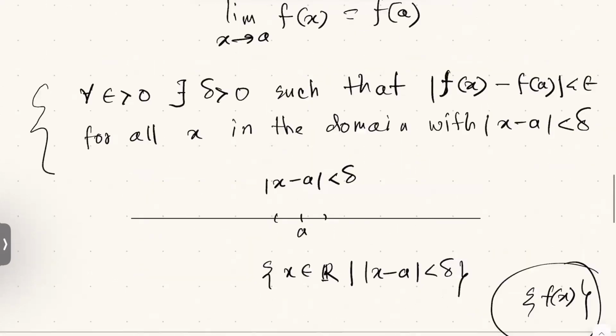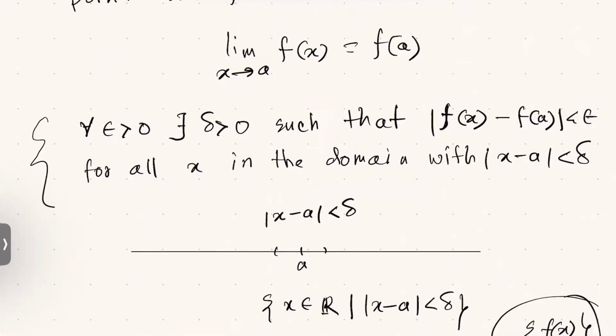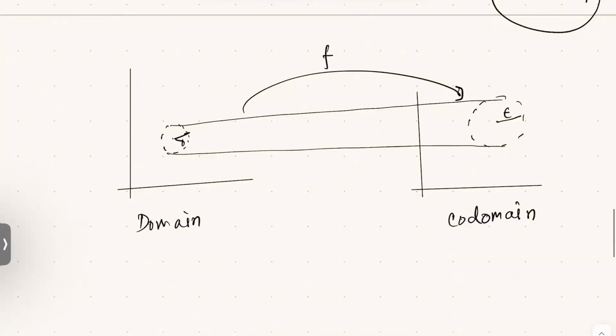From the definition, for every epsilon this is true. Hence, if I change the epsilon and take another open set, then I will have a different delta in the domain set. So this is the idea of a continuous function.